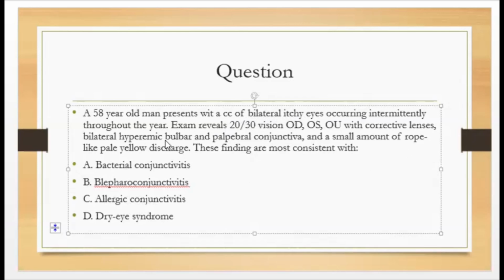Once I see these things, you don't have to read all the rest. You already see bilateral, you already see rope-like. It's rope-like or stringy discharge. Bacterial is your mucopurulent exudate. Viral is your white discharge.